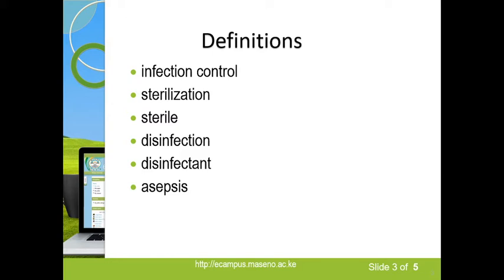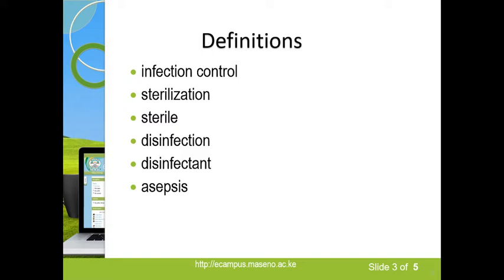Another term is sterilization. Sterilization is getting rid of all microorganisms from the surface, and this helps to minimize chances of infection of the patient or the healthcare team working with the patient.